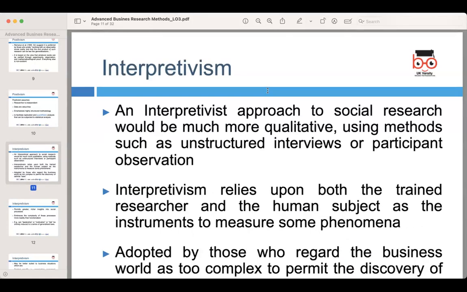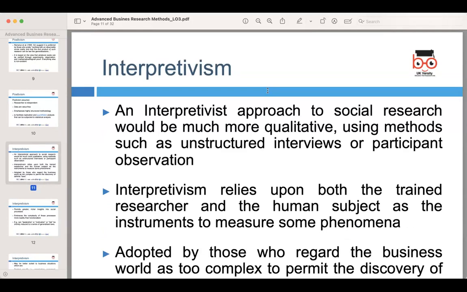Next one is interpretivism. This approach emphasizes the importance of understanding the meaning and interpretations that individuals and groups attach to their experiences and the social world around them.